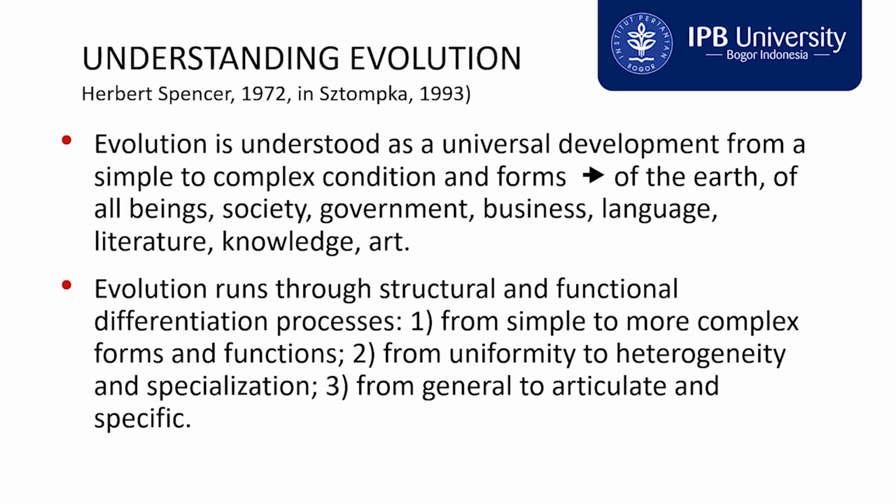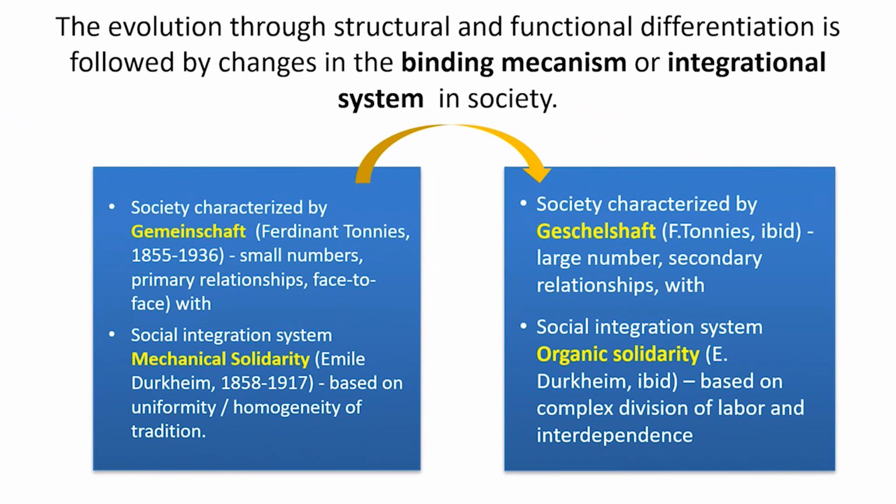Okay, we will move now to slide 13. So in this slide number 13, we will talk further about the process of evolution. So, as already explained, the evolution of society involved structural and functional differentiation.